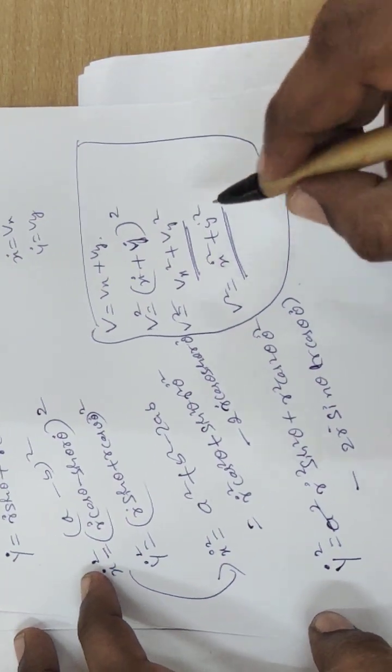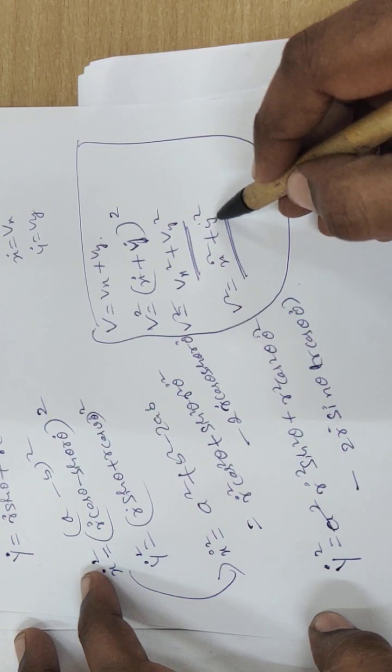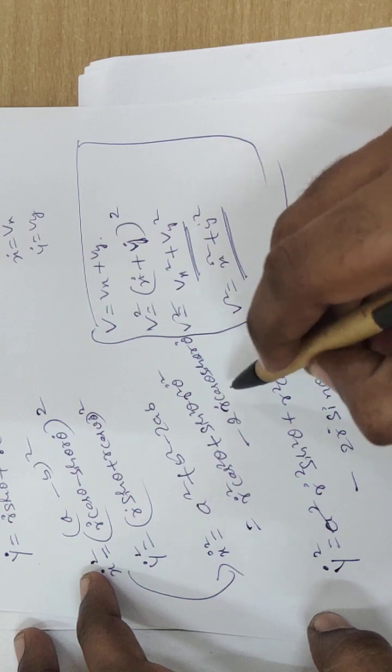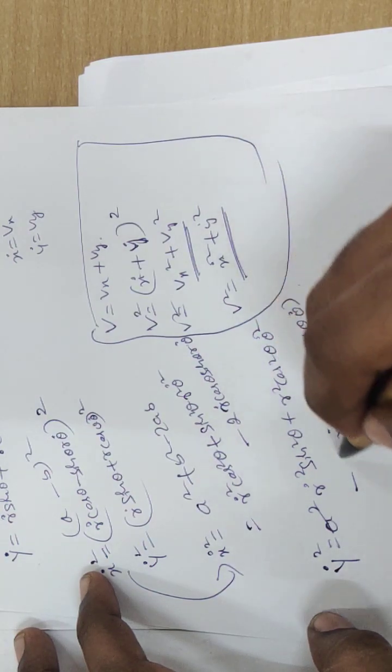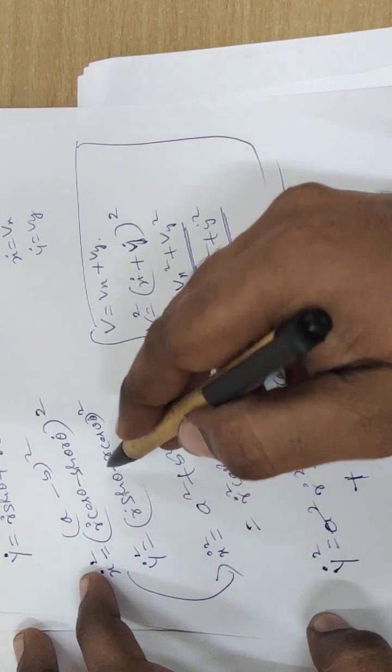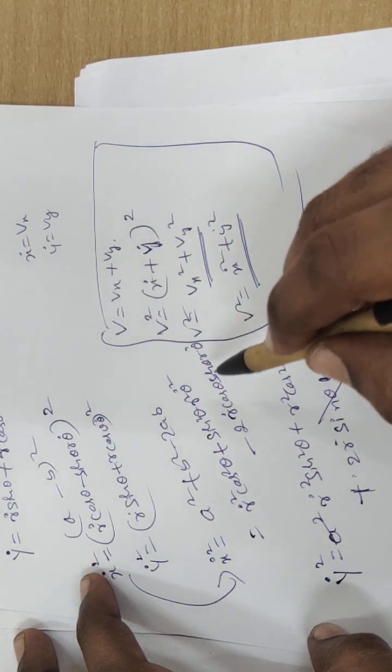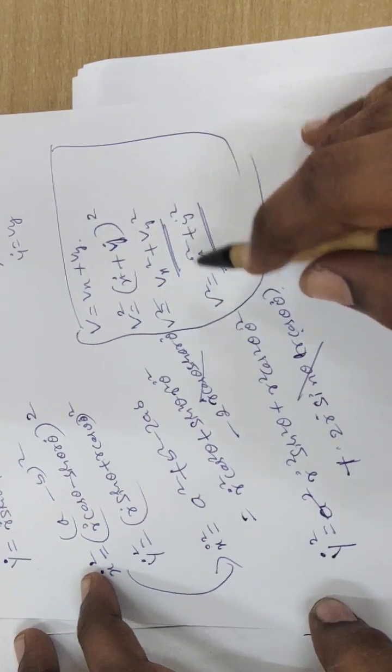If we add x dot square plus y dot square, the cross term is plus in one and minus in the other, so the 2 r dot sin theta r cos theta terms cancel.